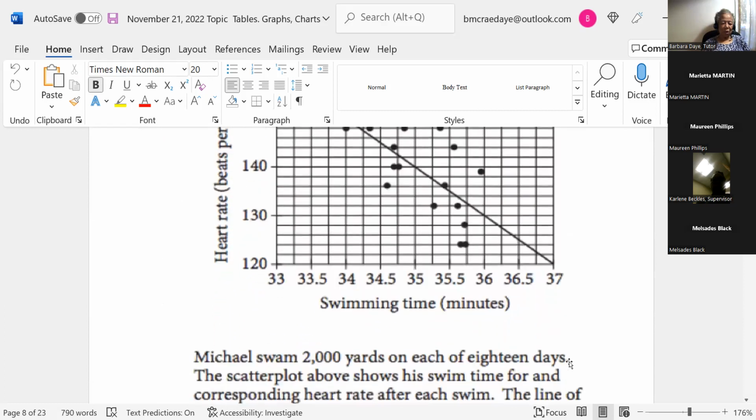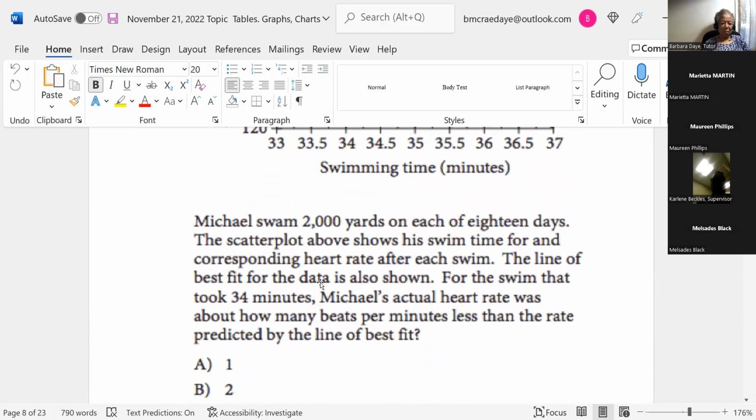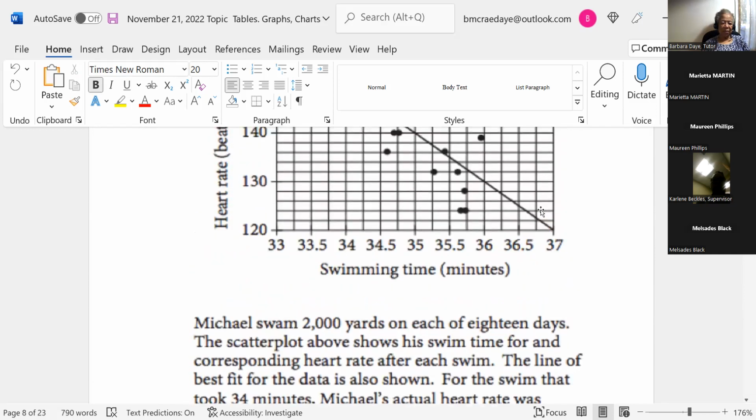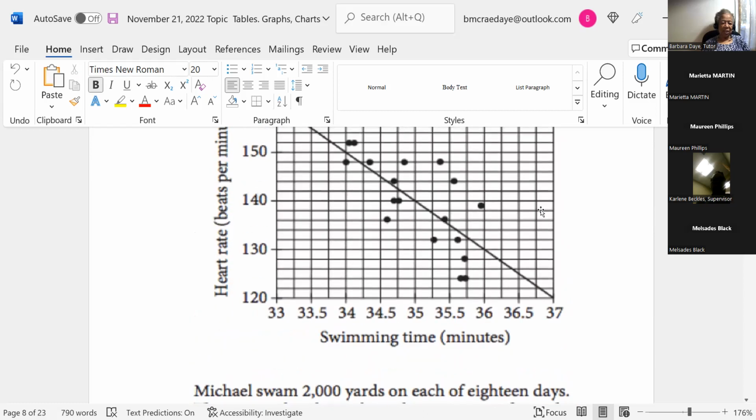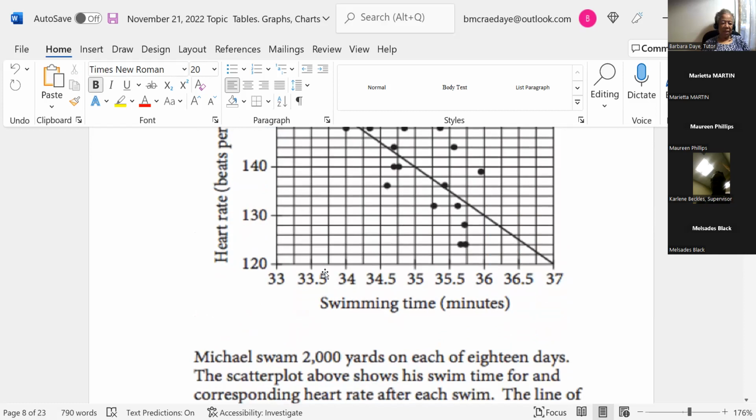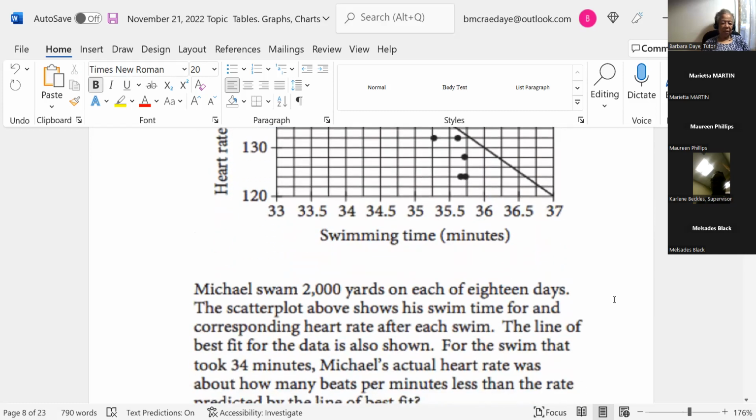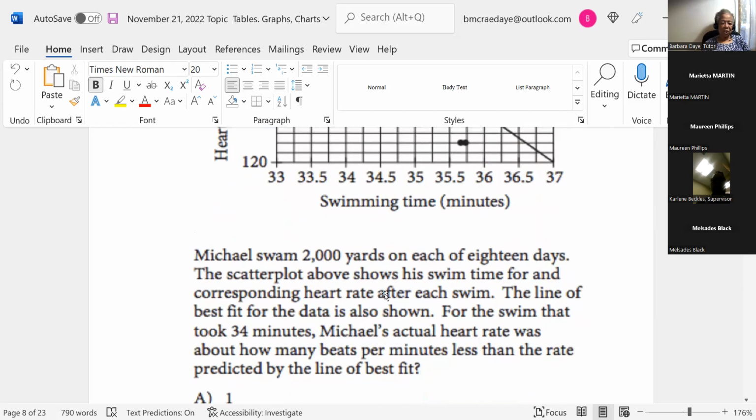Now, the question was, Michael swam 2,000 yards on each of 18 days. Okay. So he swam 9,000 yards, and there's the swimming time in minutes, and there's his heart rate. This scatter plot shows his swim time and corresponding heart rate after each swim. And we have the line of best fit.